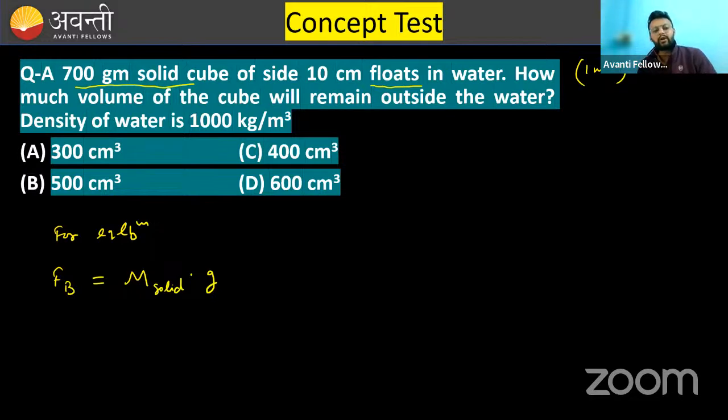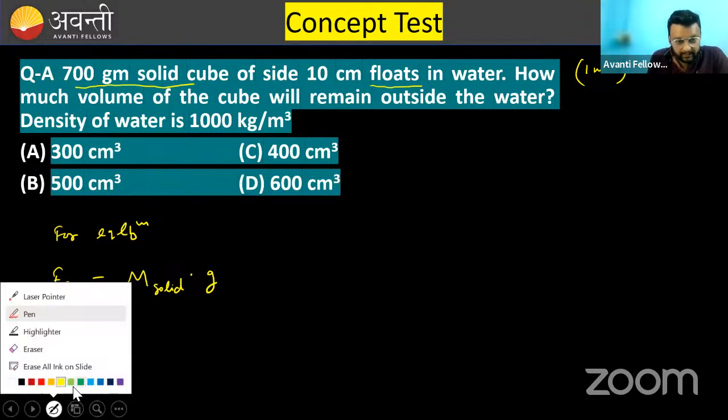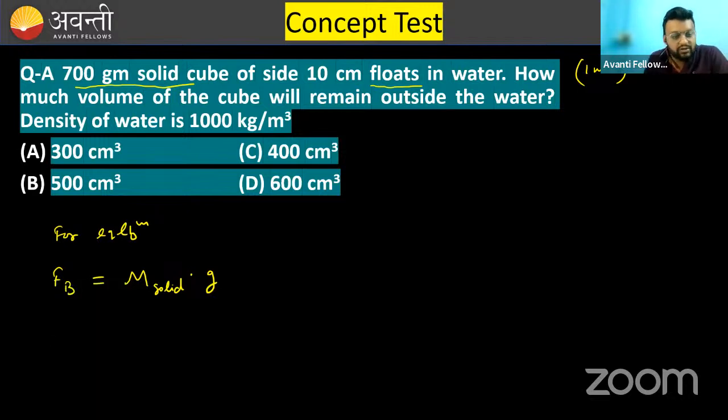We have learnt about the buoyant force. Buoyant force is nothing but, if I change the color of the pen, you have learned that it is volume inside into rho into g. You should remember the formula.